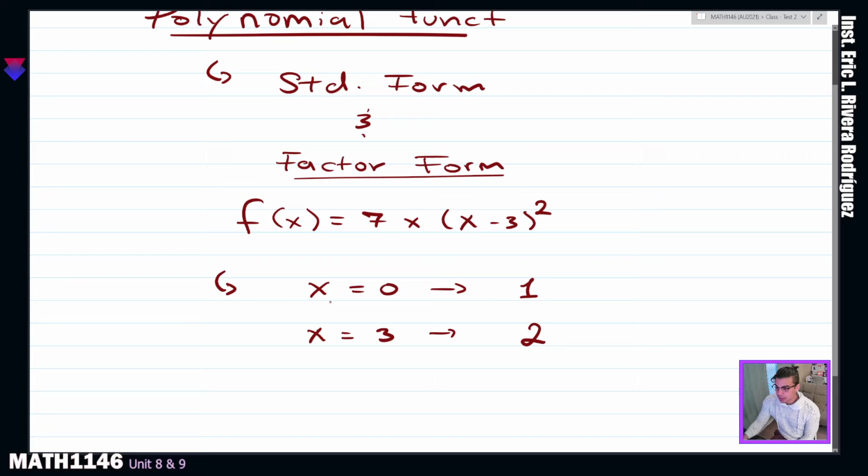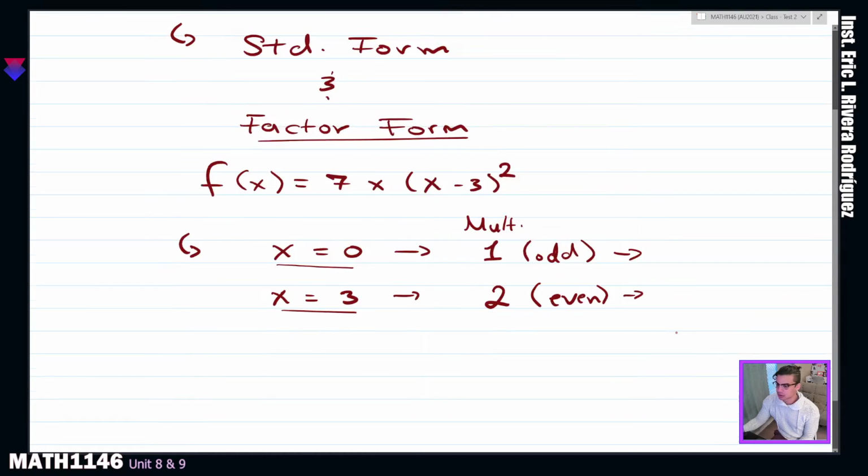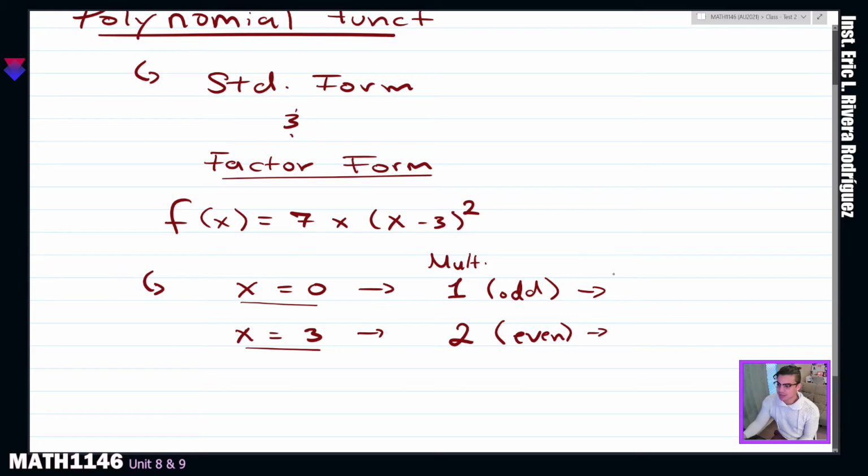We need to remember that the zeros of a polynomial are the x-intercepts of its graph, right? And the multiplicity, okay, so these are the exponents, but we have two categories for multiplicity. We have odd and even. Multiplicity is odd or even. And what is the behavior of the x-intercepts? What is the behavior of the x-intercept when x is equal to 0 from the first zero?